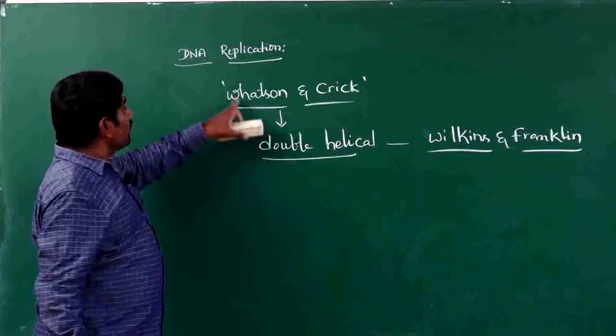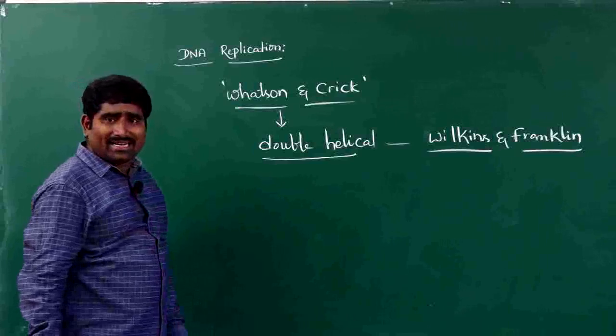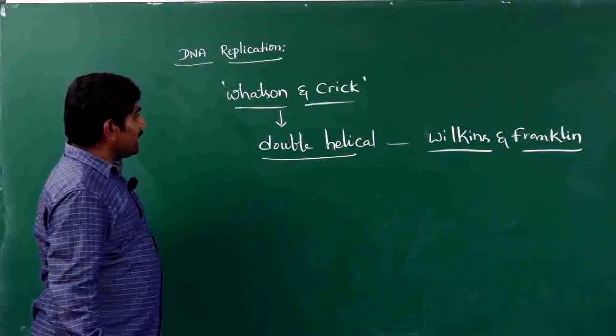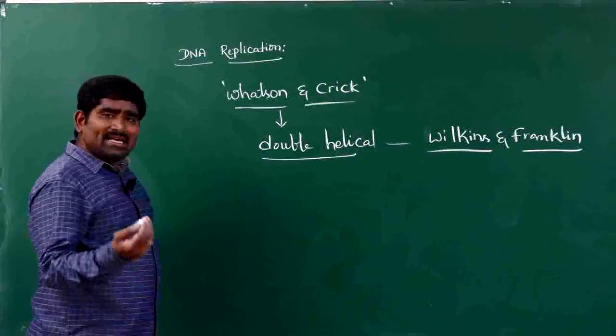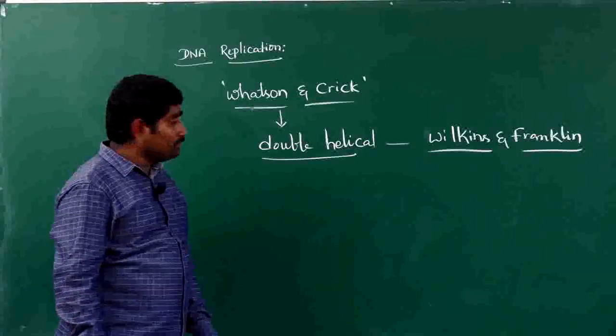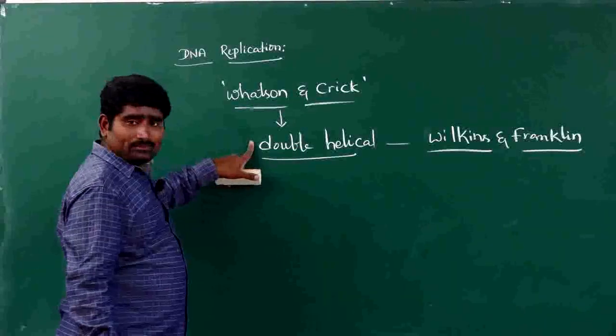Rosalind Franklin is also there, but she died later, so Watson and Crick got the Nobel Prize for discovering the double helical structure.